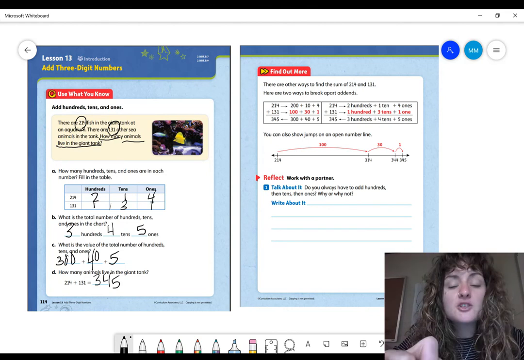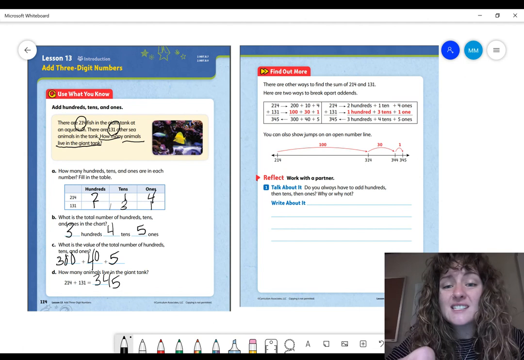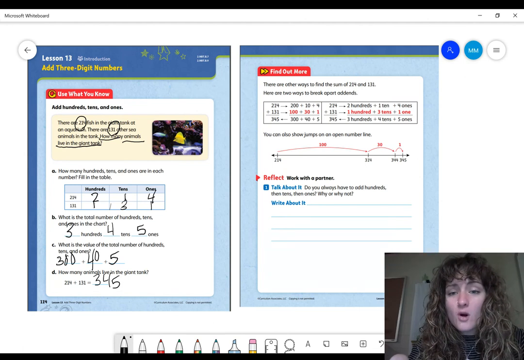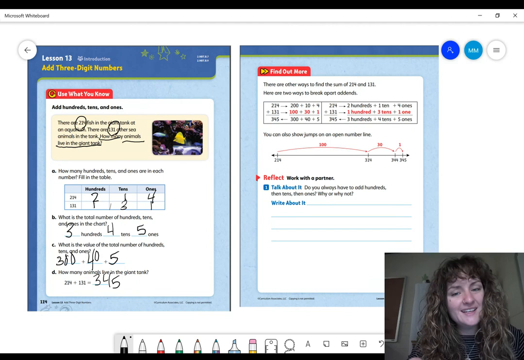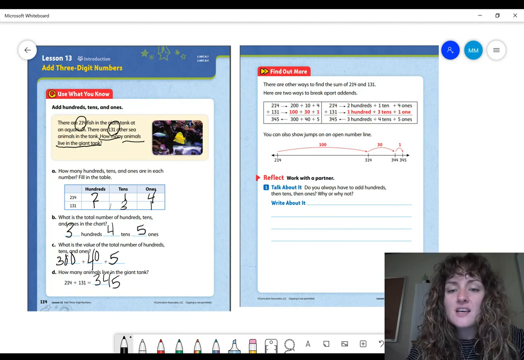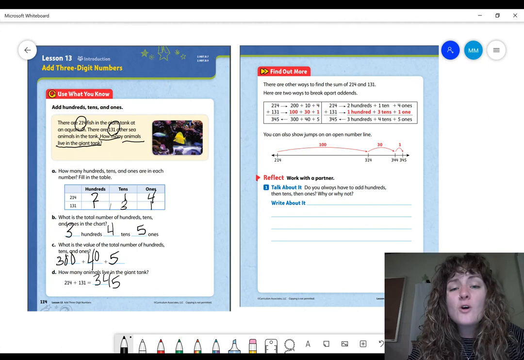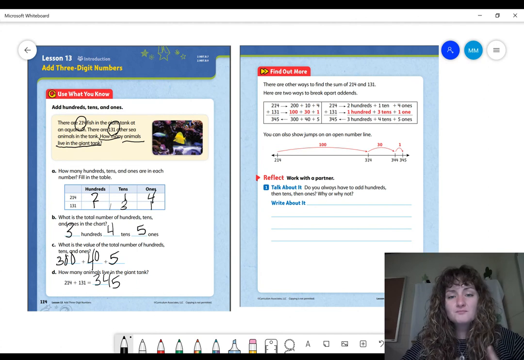They put the total number of hundreds, tens, and ones together. So they added the ones. So 4 plus 1 was 5 ones. They added the tens. 10 plus 30 is 40. And they added the hundreds. 200 plus 100 is 300. They put the total value of each number together to get a total of 345.